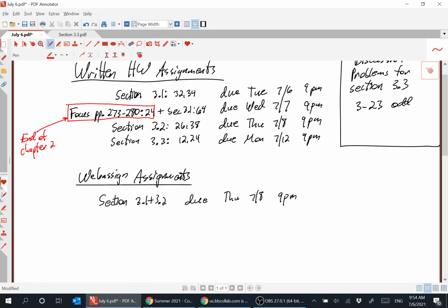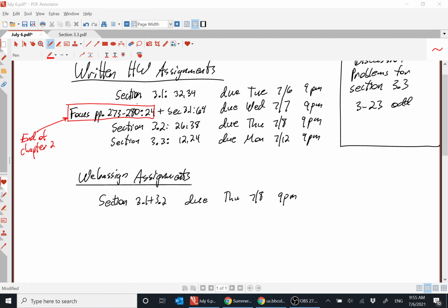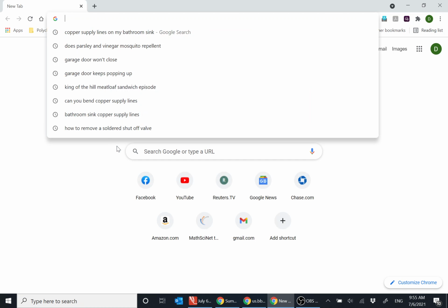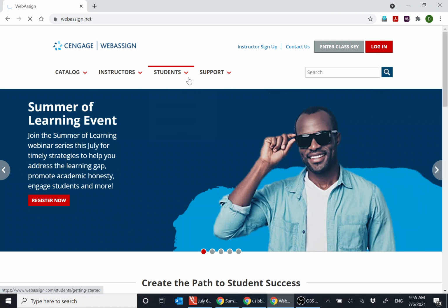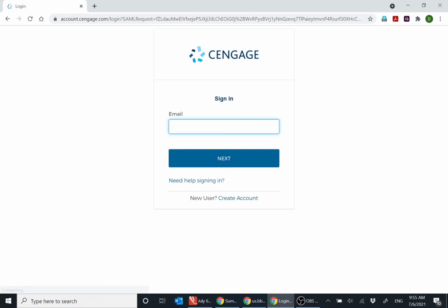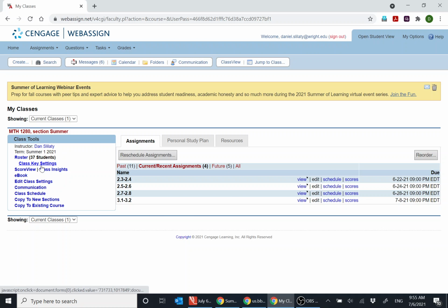If you go to the ebook on WebAssign, there may be other formats for the ebook, but if you're using this one, here's the link for the ebook.